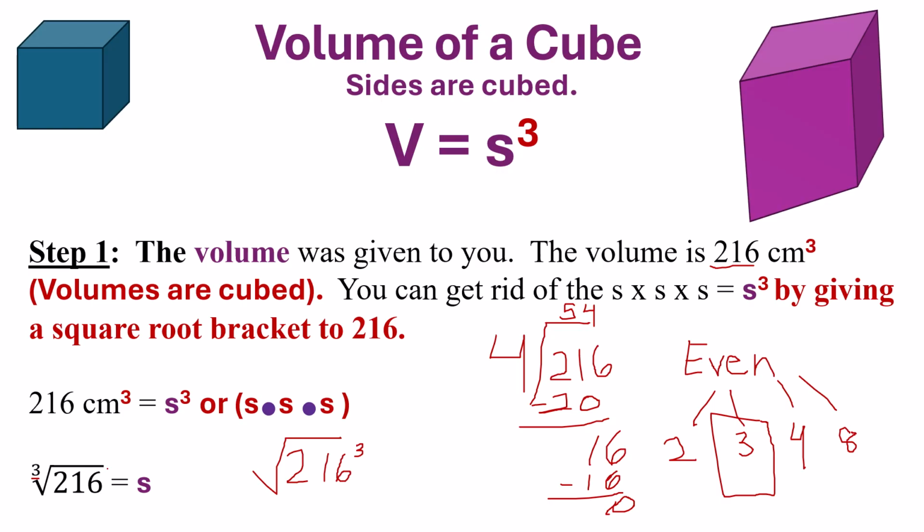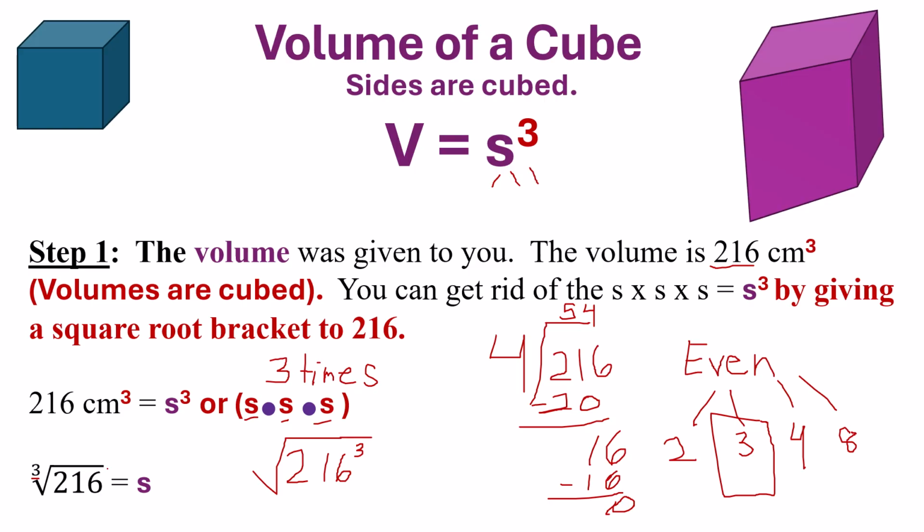You have to make sure the root sign is here, otherwise you're telling me to multiply 216 three times. Okay, so side is one side times the other side three times. I'm trying to get this 3 in your head. 3 cubed, 3 times 3. 3 cubed, 3 cubed. That's what this is.